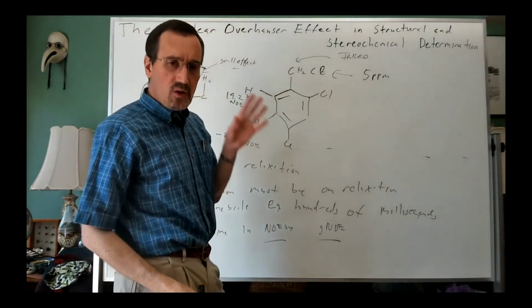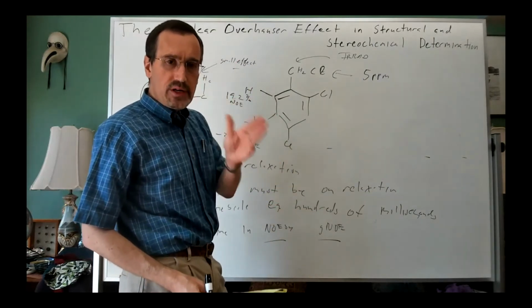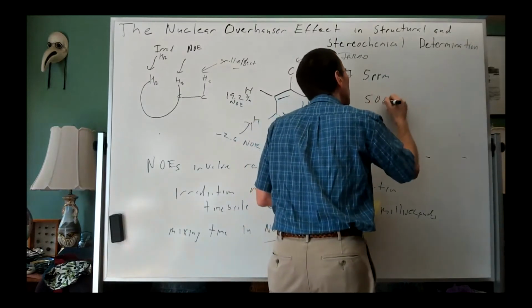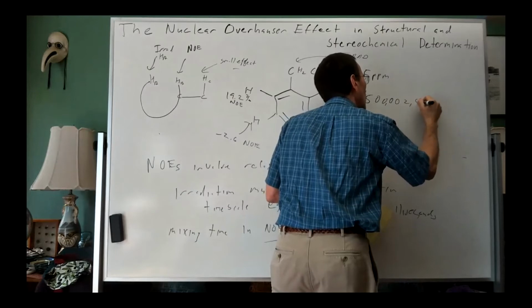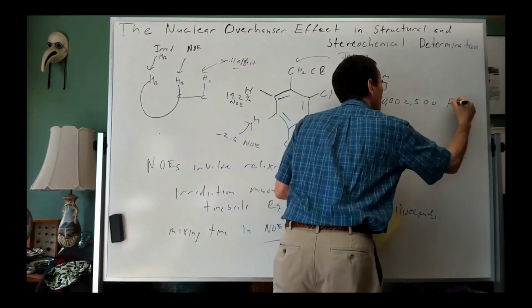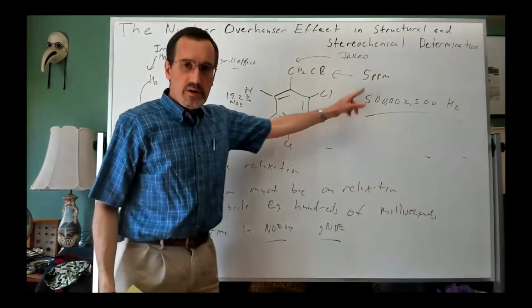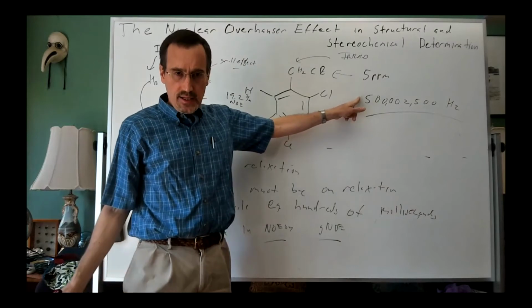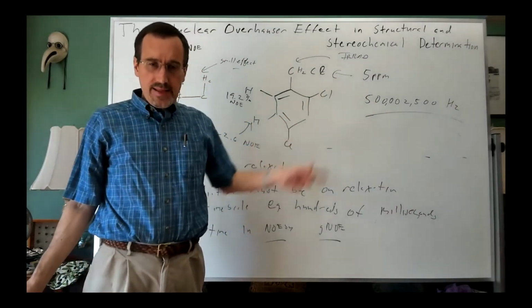In a typical 1D NMR spectrometer, that means I would send a signal of 500 million to 2500 hertz into my coils. That would be a radio frequency right at that. And that's what I mean by that.